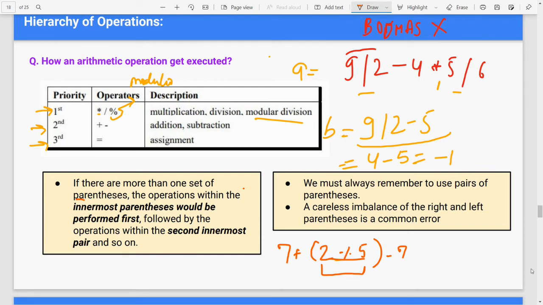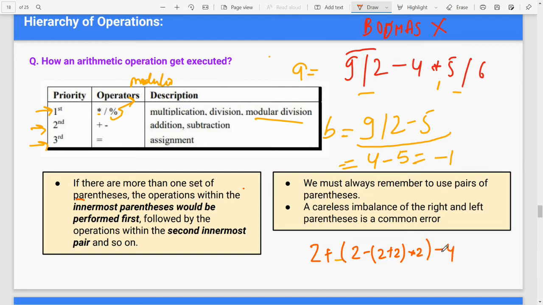Let me construct a simple arithmetic operation based on parentheses. I want to write something like this: 2 plus bracket 2 minus 2 plus 2, maybe some other thing, multiplied by 2 and then minus 4.